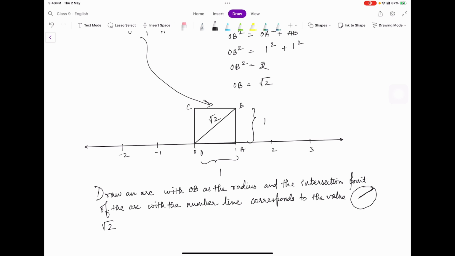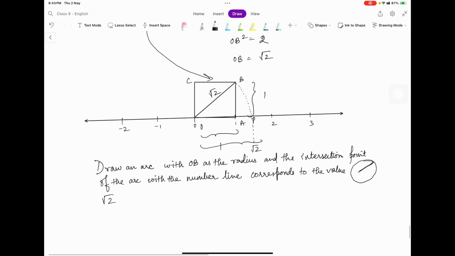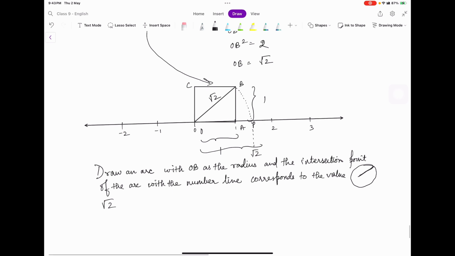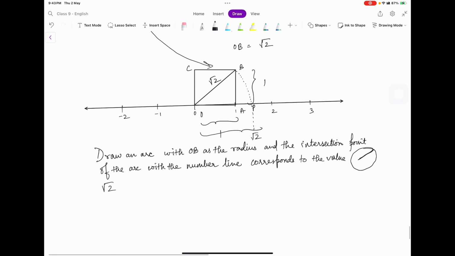So we'll draw an arc like a part of a circle. This arc touches here at point P. This point P value is root 2. You are getting it? See, OA is 1, and OP equals OB equals root 2.